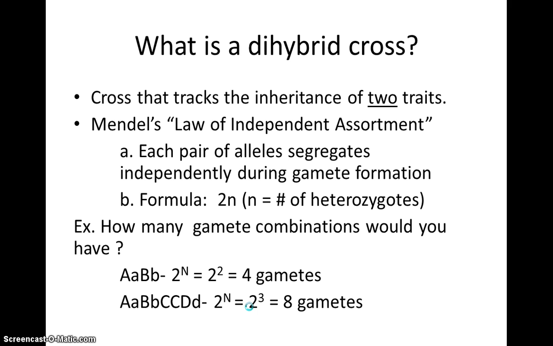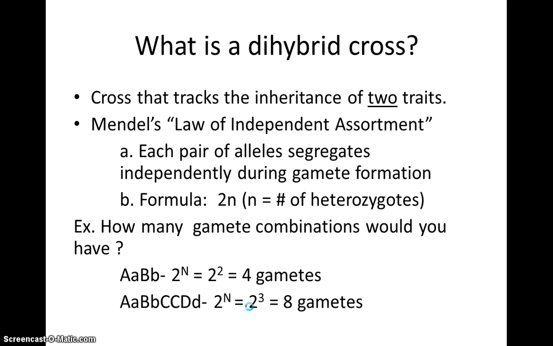And in Mendel's law of independent assortment, remember, again, one more time here, that the individual alleles are going to separate during gamete formation, which is meiosis, okay? So during meiosis, those alleles are going to separate from each other. The thing that's interesting is we can actually predict how many possible combinations you will have based on how many alleles you're looking at.